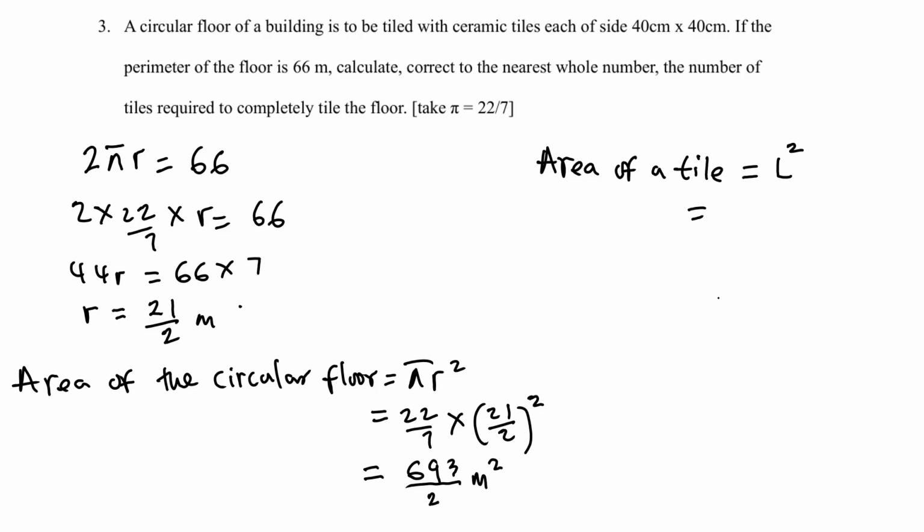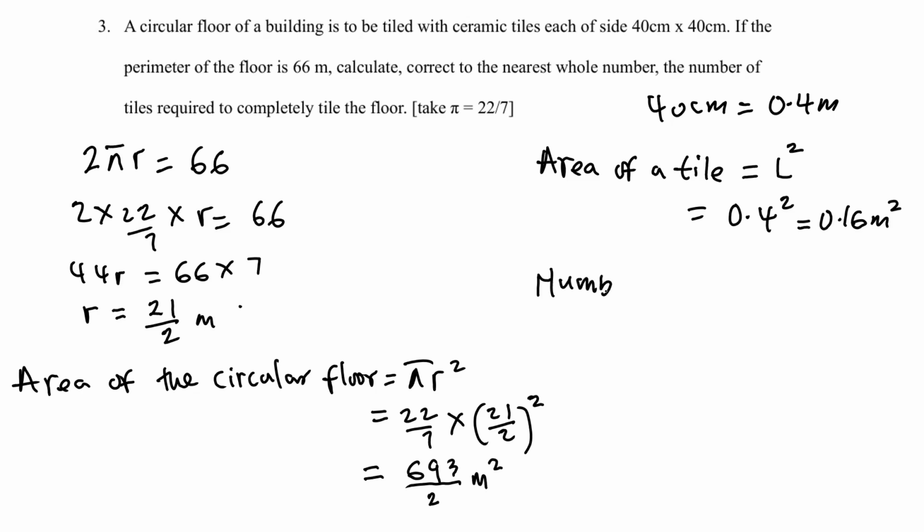So our 40 centimeters, you can convert it to meters. That is 0.4 meter by dividing by 100. So that is 0.4 square, which will give us 0.16 meter square.